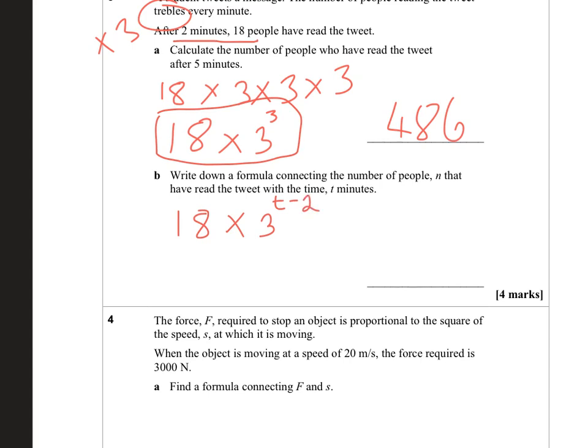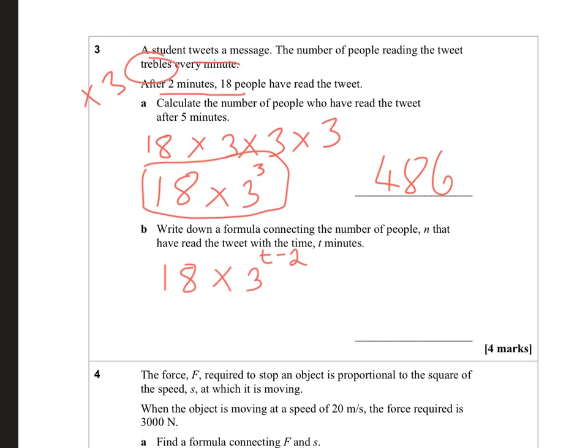Now actually, I can improve that further because I can go backwards from this 2 minutes to 1 minute and 0 minutes. Thinking that it's trebling every 1 minute, well, after 1 minute, if you do the inverse of trebling and divide by 3, 6 people would have read it.